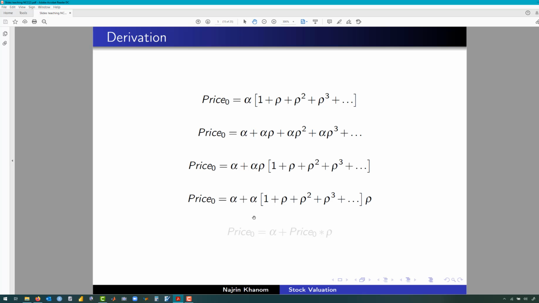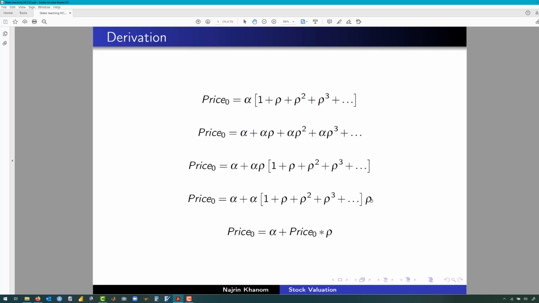Looks like we have the same term over here. So what we'll do is replace this entire thing with price of the stock at time period 0. So price of the stock at time period 0 is equal to alpha plus this entire thing, which is also price at time period 0.